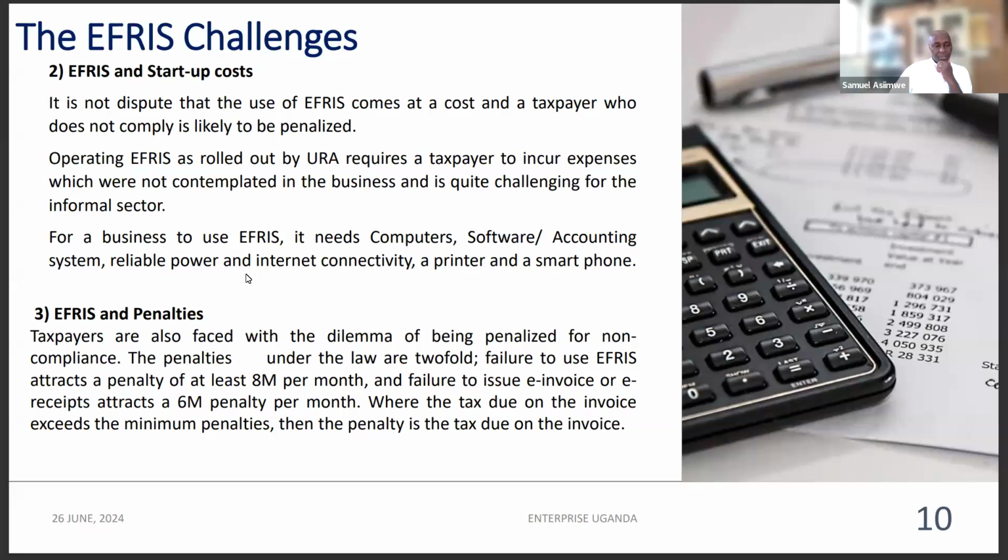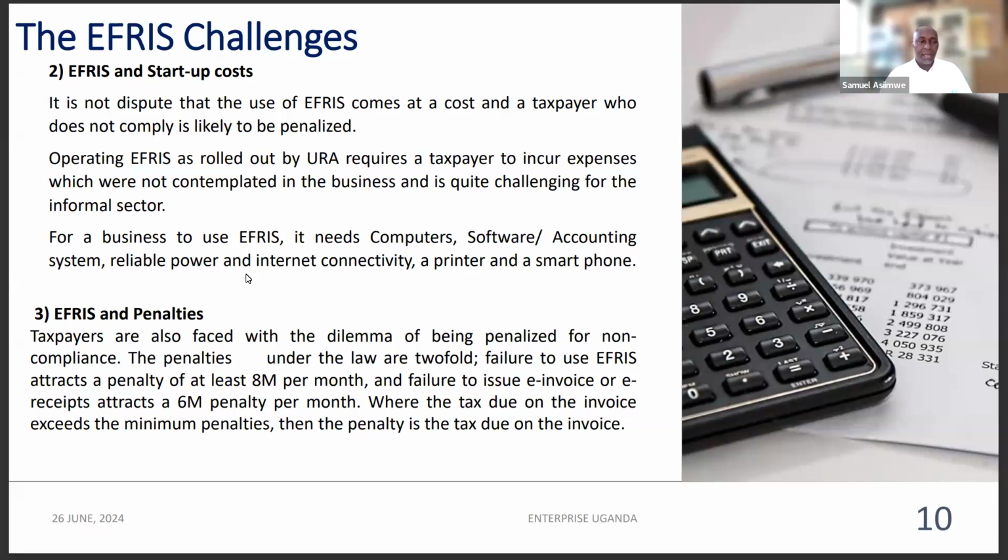For a business to use EFRIS, you need a computer, you need software, the accounting system, you need reliable power, you need reliable internet connectivity, you need a printer, you need a smartphone, because they have designed apps to be used on smartphones.